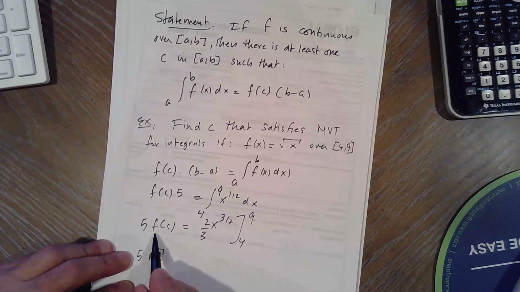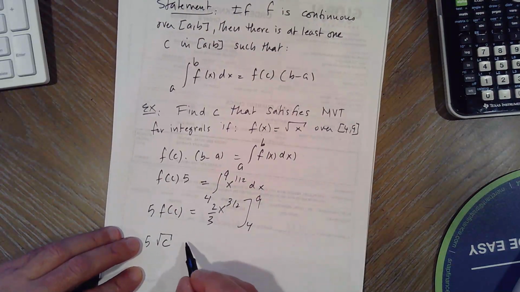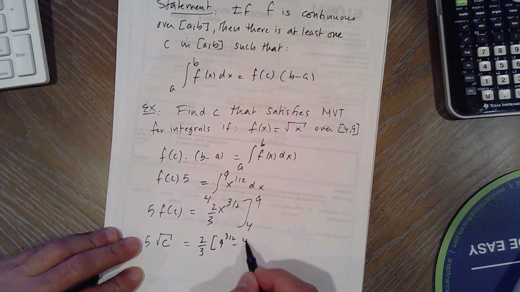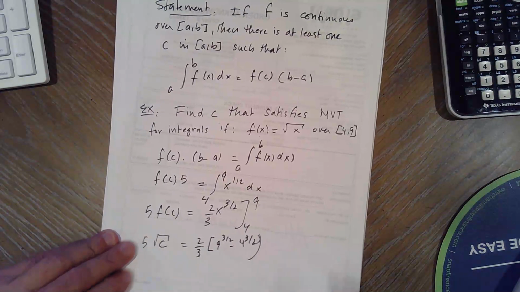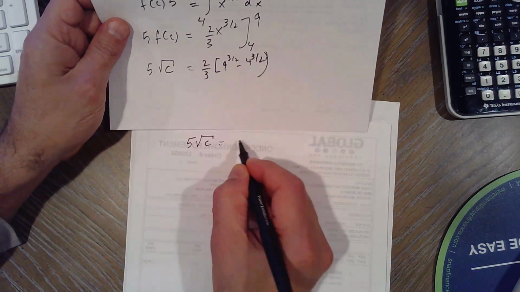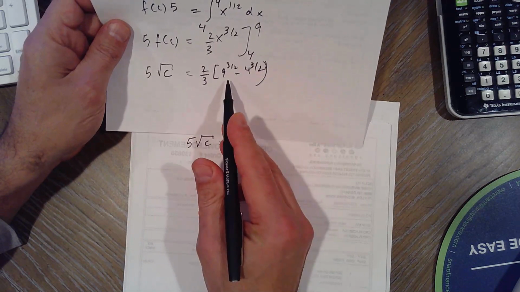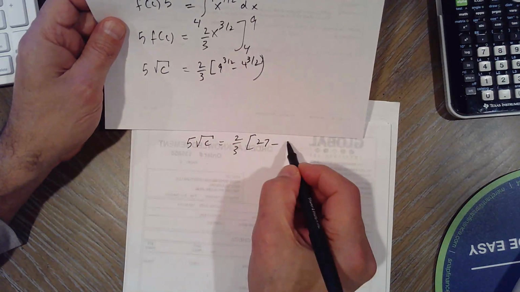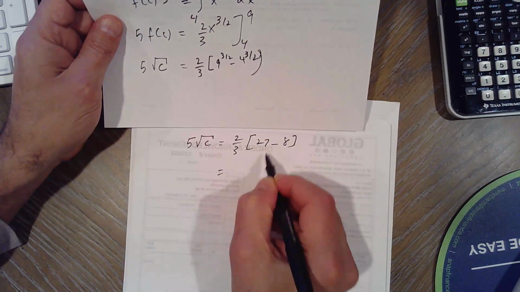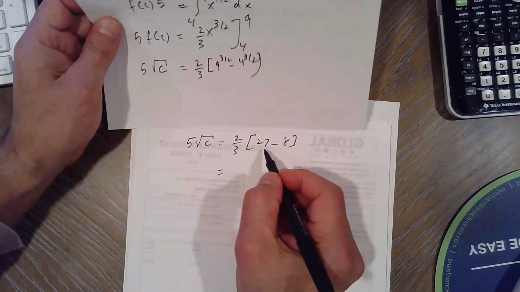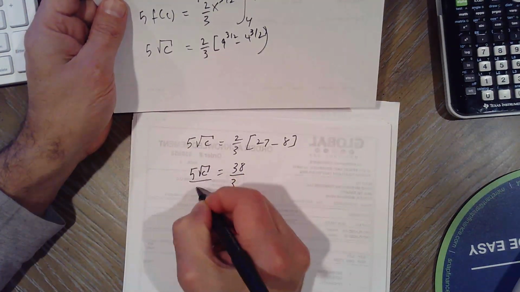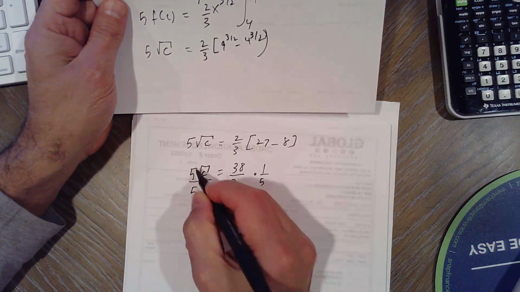5 square root of c, f of c is square root of c, equals 2/3 times 9 to the 3/2 minus 4 to the 3/2. So 5 root c is 2/3, that's 3 cubed is 27, and 2 cubed is 8. 27 minus 8 is 19, so 38 divided by 5, times 1/5.